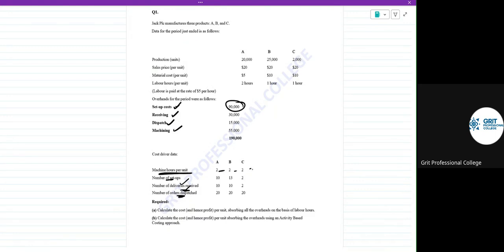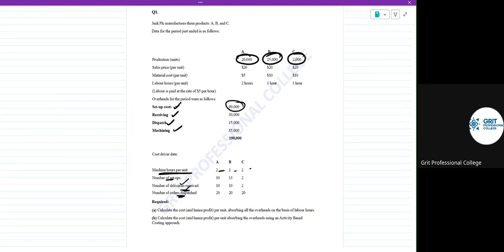This means that the cost driver data presented to you originally relates to just one product, right? And so rather than having machine hours per unit, we need the total machine hours, because the total machine hours tells us what the total hours will be for producing all 20,000 of A, all 25,000 of B, and all 2,000 of C.